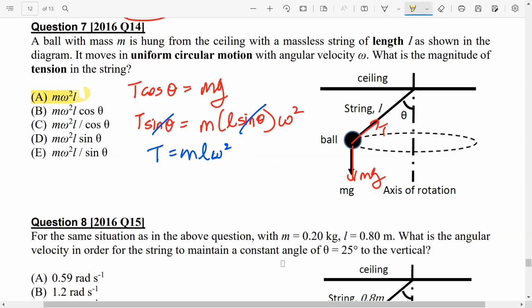Actually, one equation is sufficient. Just nice because you are using omega, so use mr omega squared. The radius will be L sine theta.